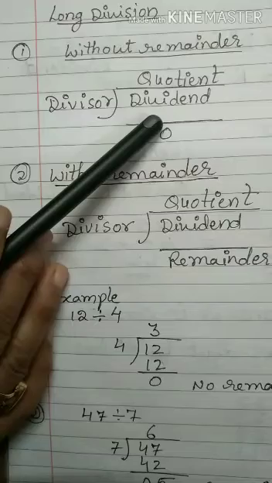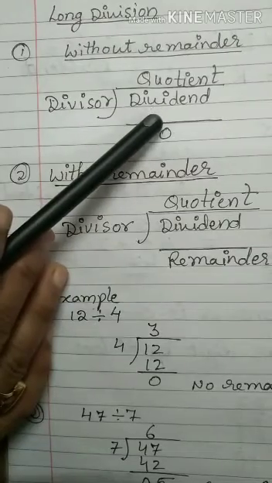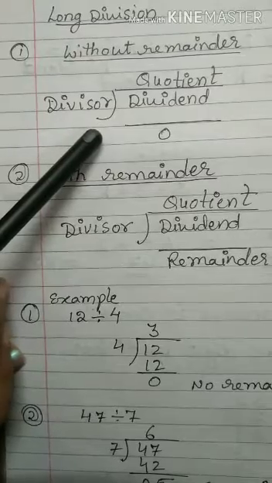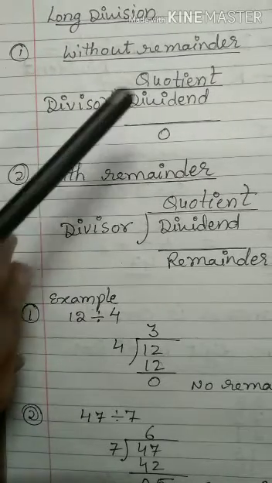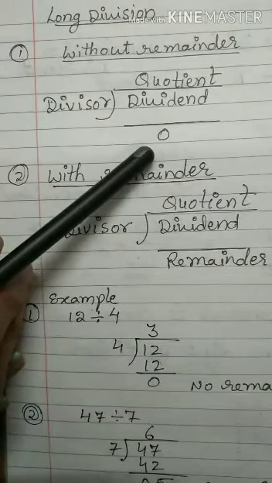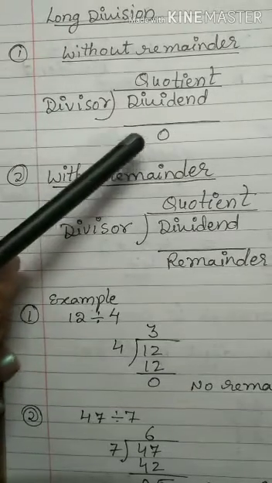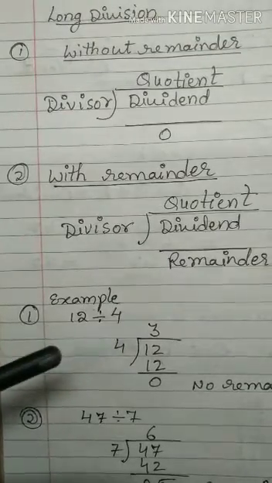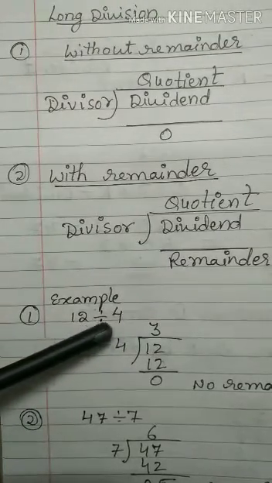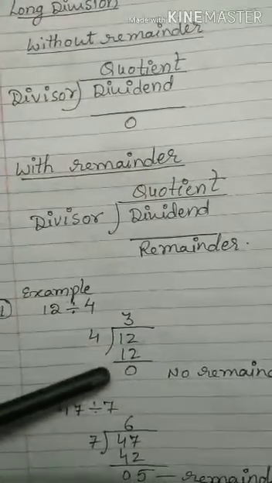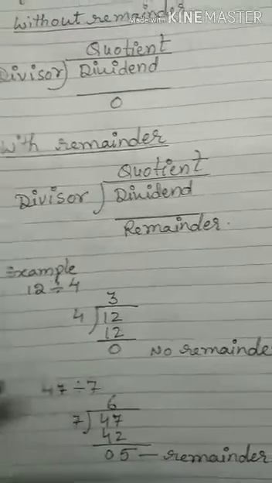I have explained the number which is divided is called the dividend and the number by which we divide is the divisor. The answer is the quotient. When the remainder is 0, it means without remainder. Another is with remainder, where you will get a remainder. Example, 12 divided by 4 means 4 times 3 is 12, remainder 0, so no remainder.